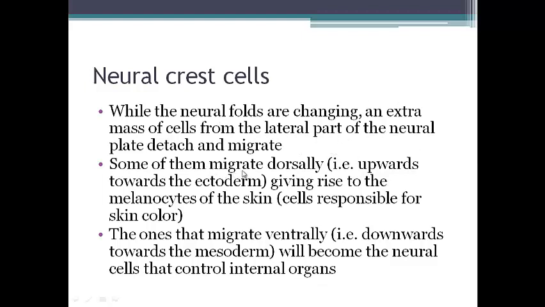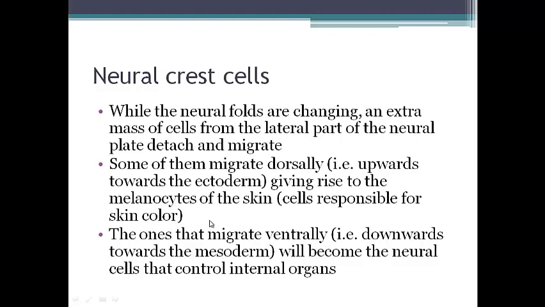Some of them are going to migrate dorsally, meaning they go upwards towards the ectoderm, and become part of the ectoderm. The ones that go to the ectoderm become the melanocytes of the skin. These are the cells that are responsible for skin color. They're cells that release the pigment melanin.